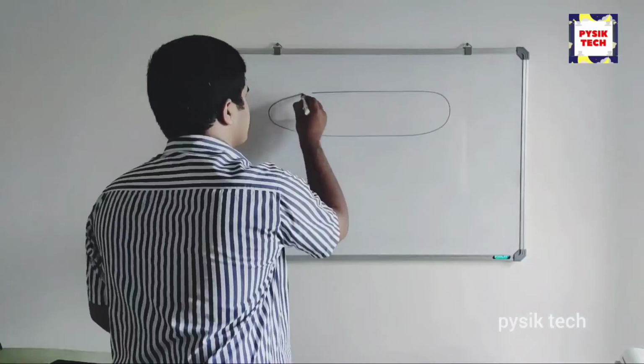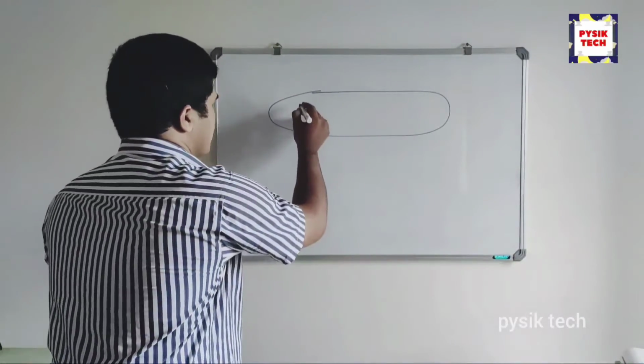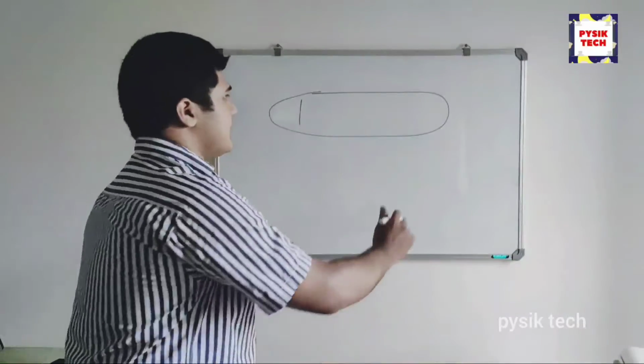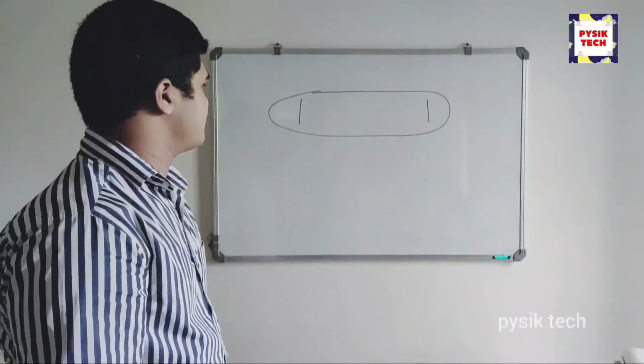Then we can do a small experiment. This is an evacuated tube, and on one side we can place a cathode. At the other part we can place an anode.